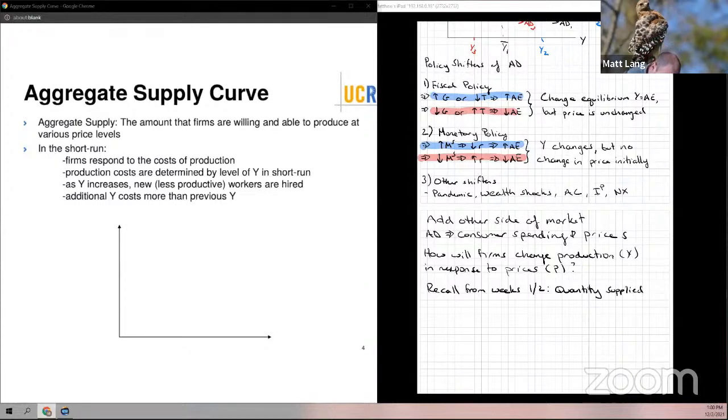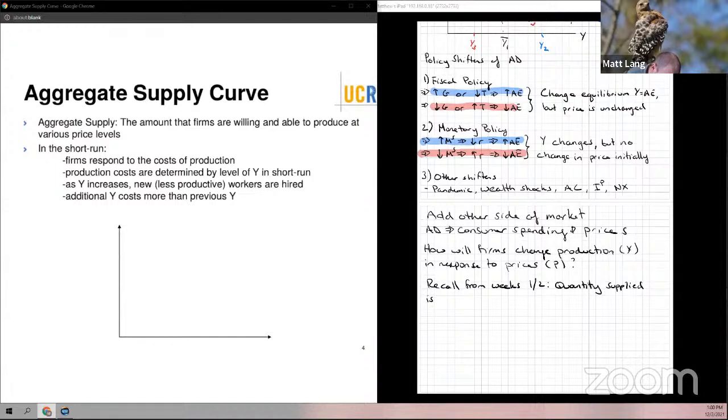That quantity supplied is the amount that each firm is willing and able to produce at a particular price level.